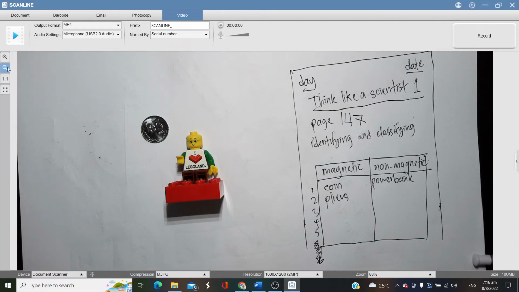Make sure you have your exercise book. If you don't have your exercise book, you can use a piece of paper, write this, and later you can paste it in your exercise book.